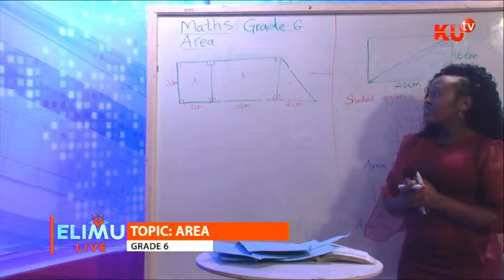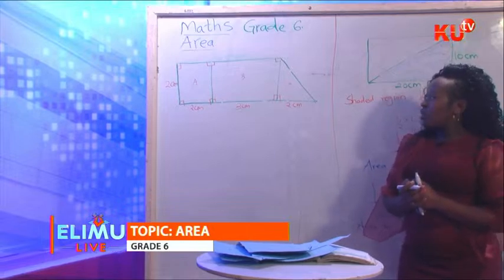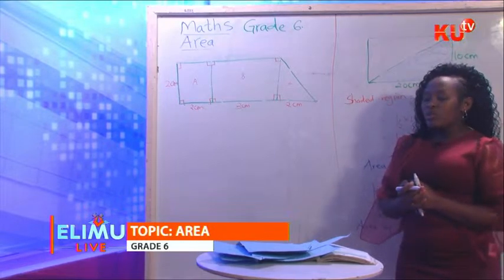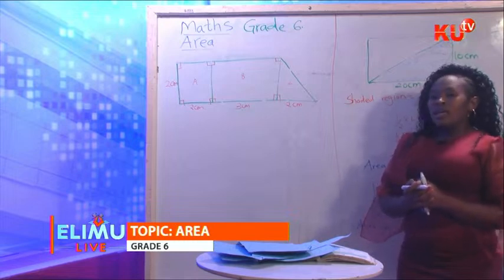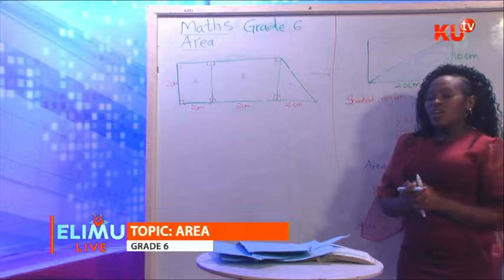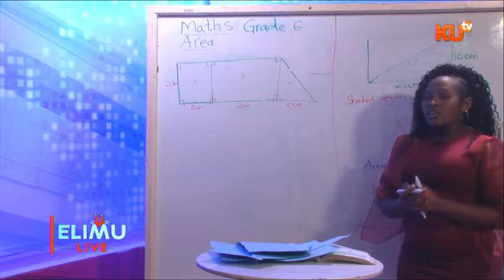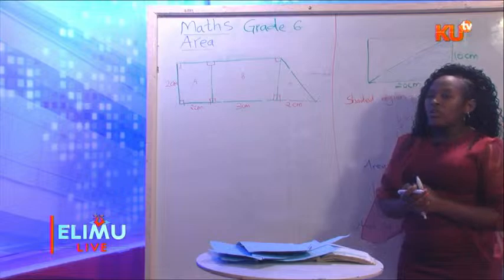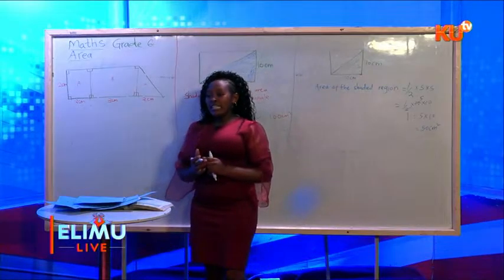Are we together, learners? So, we ask ourselves, which length are we not given? Knowing that in a square all the sides are equal, and in a rectangle the opposite sides are equal, we can work out this sum very easily.